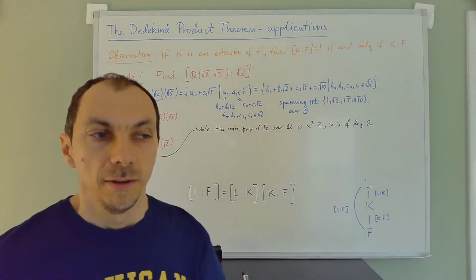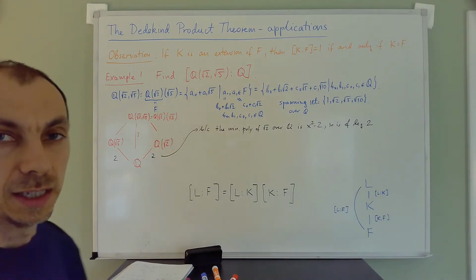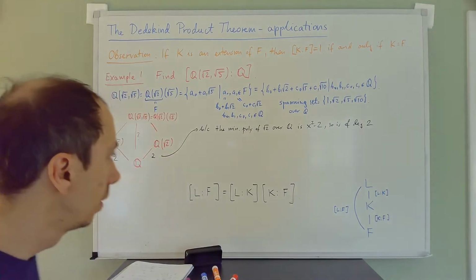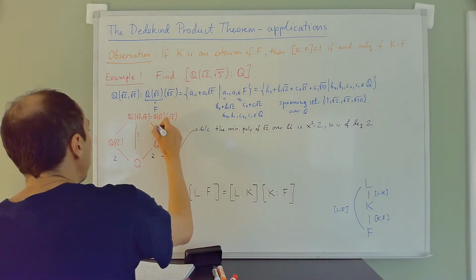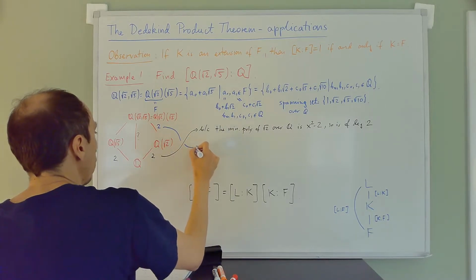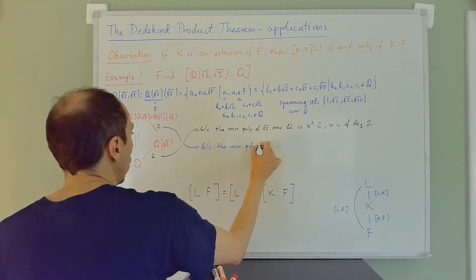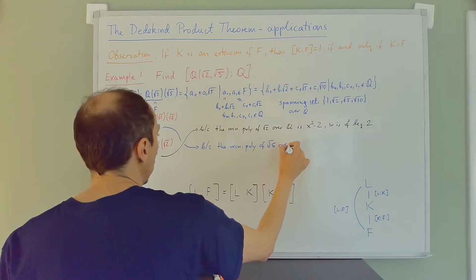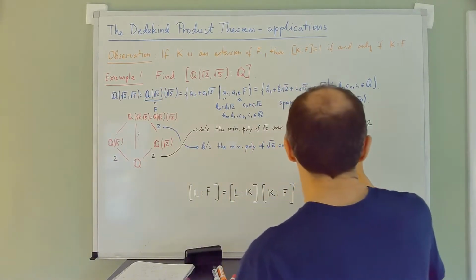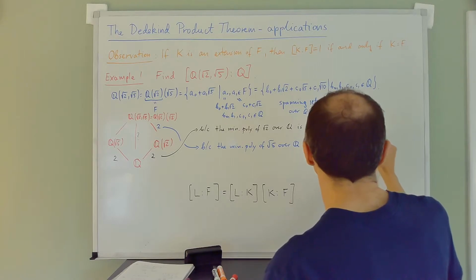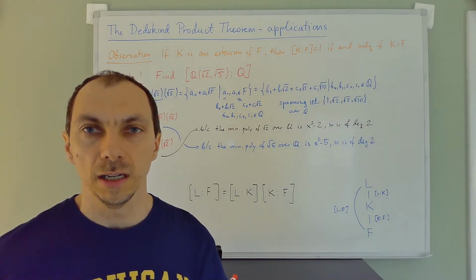So I can just say, fine, this must also be 2, because the minimal polynomial of radical 5 over Q is x squared minus 5, so it's degree 2. Well, maybe I would like to say that, but that's not entirely relevant.